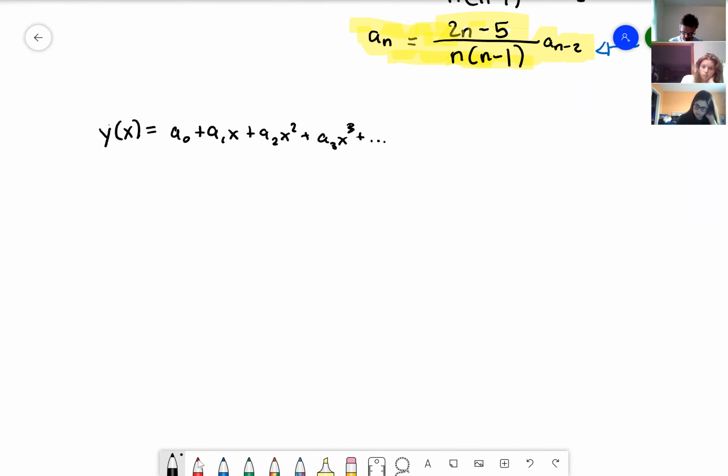So that's what we're trying to do. We're trying to get the first 4 non-zero terms for 2 of these solutions. So I'm going to write the general solution, and then I'm going to split it up into two independent solutions. You'll see how I do that.